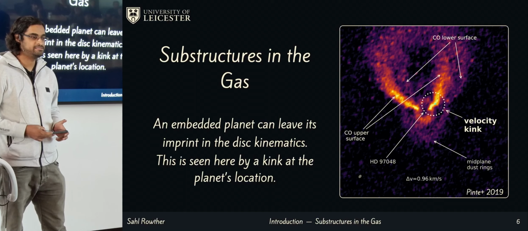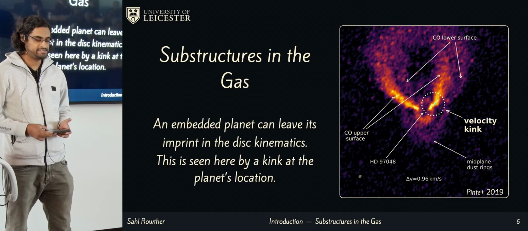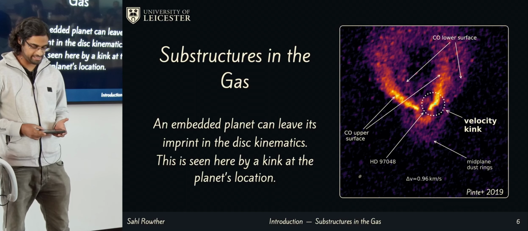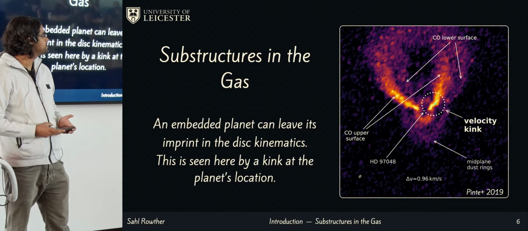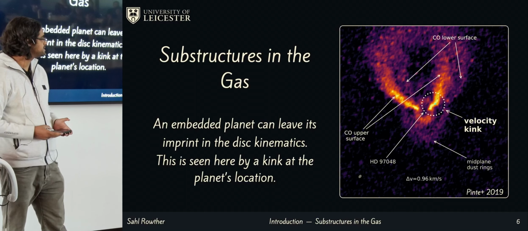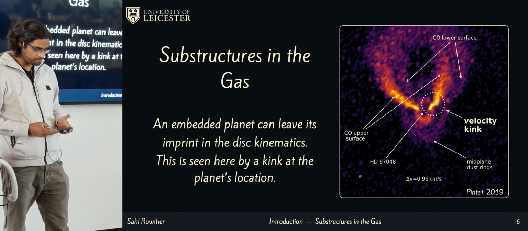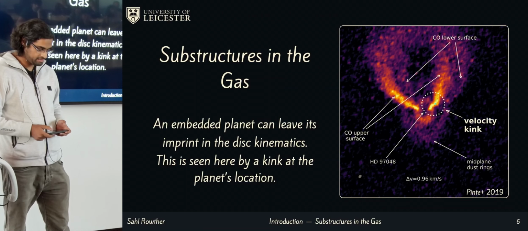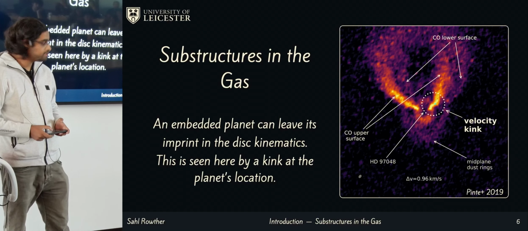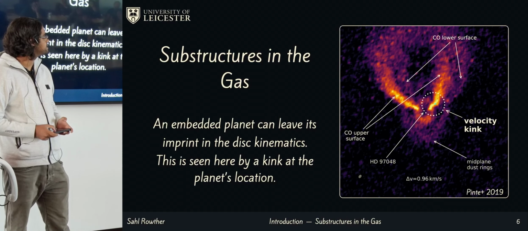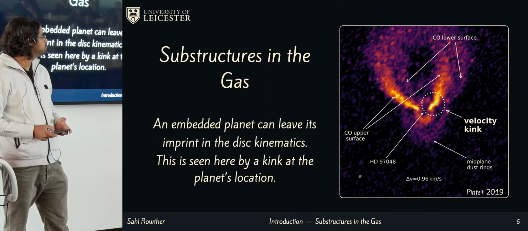Evidence for planets has been strengthened by observations of the gas kinematics. Shown here is a specific channel map of CO in a perfectly Keplerian disk. In these channel maps, these rings would be smooth and continuous.